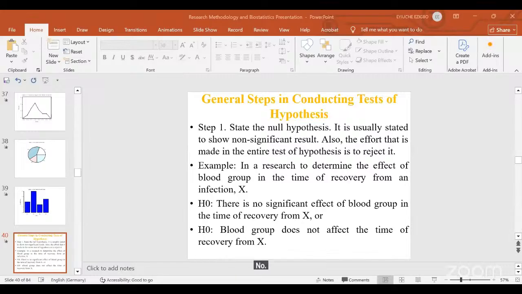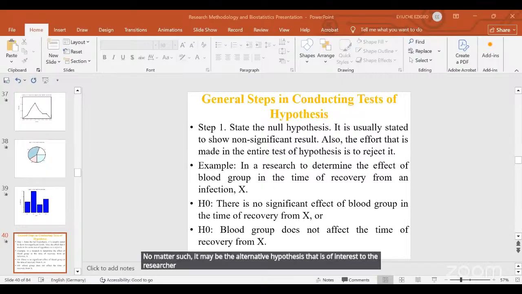Now, I want to say at this point, what becomes the null hypothesis of a research or the alternative hypothesis of a research depends on the objective of the research. For this particular research, it may be the null hypothesis that is of interest to the researcher. To another research, it may be the alternative hypothesis that is of interest to the researcher.